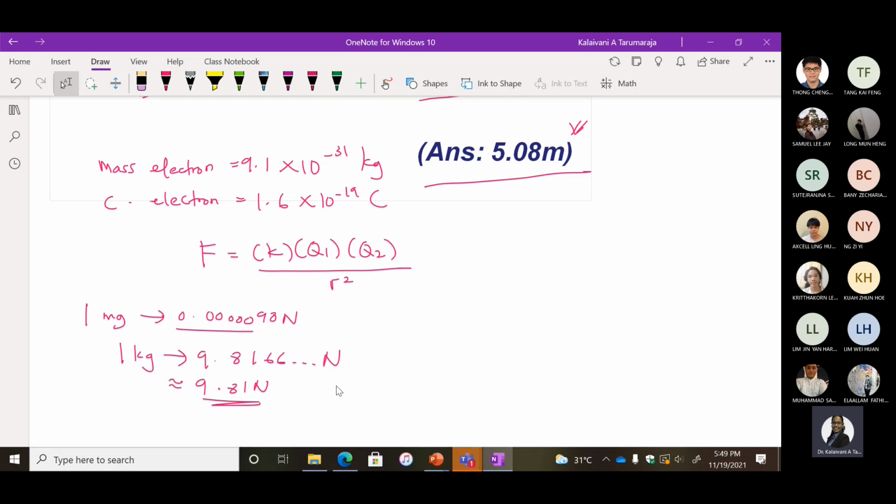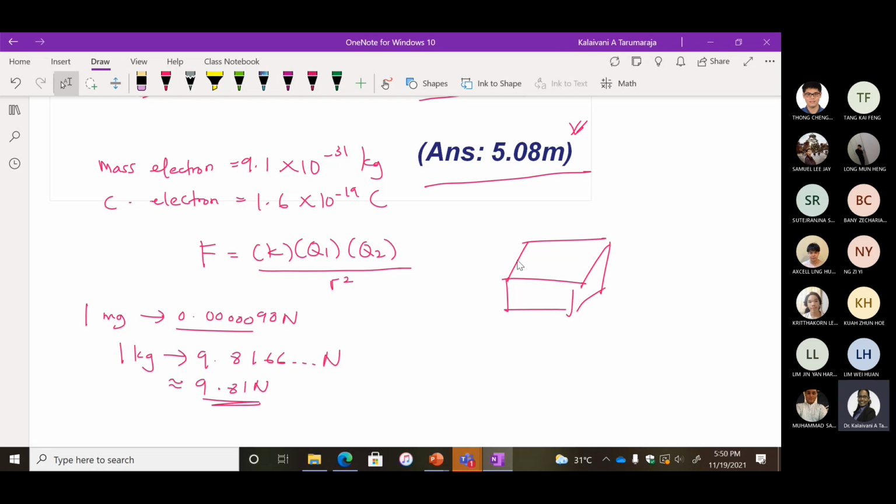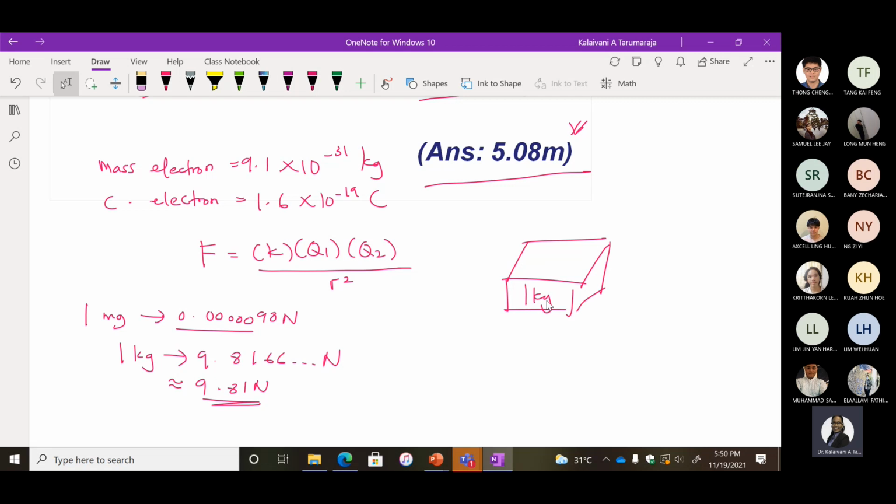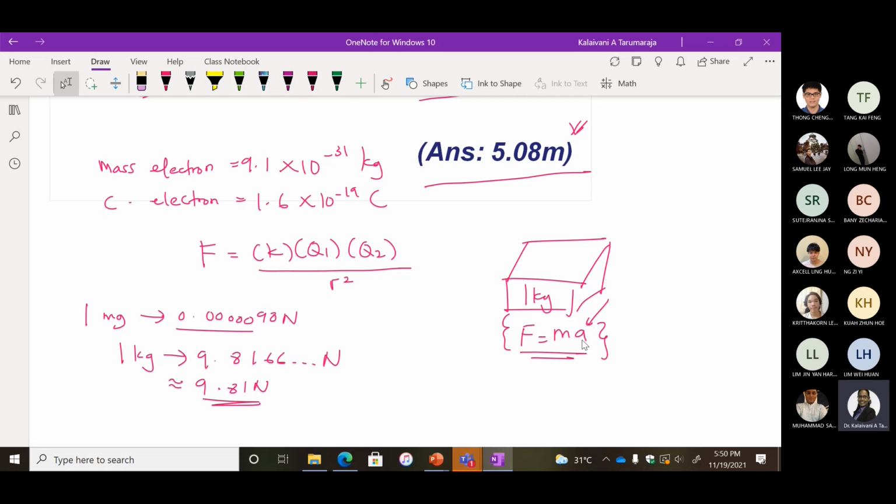Once you have done that, I just want to give you an example. You have a box, and this box carries 1 kilogram. You need to calculate the force, so the equation is force equal to ma. We don't have this equation in the slide, but this is a basic equation related to force calculations that you need to know.